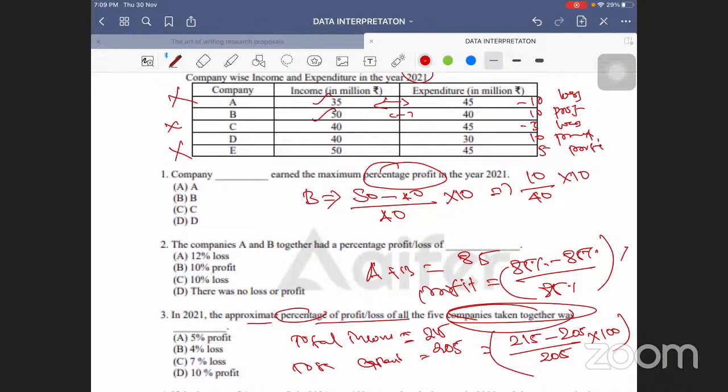The answer will come to around 4.87, but since they are asking approximately, 4 point after 5 we consider as 5, so that is 5% profit. It is a plus though. Suppose the expenditure was 204 and income 215, the answer is minus 4.18, so the answer would be minus 5% loss. So clear?